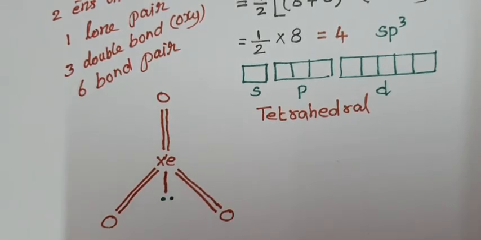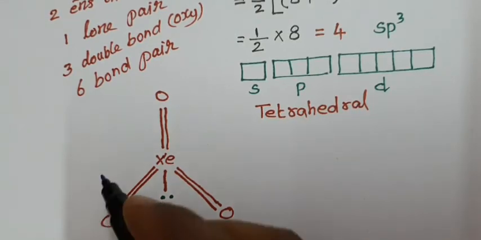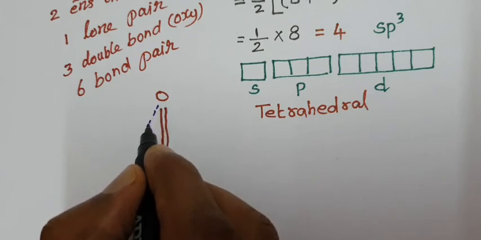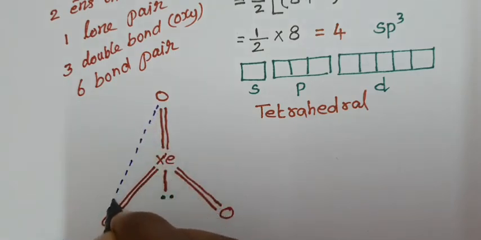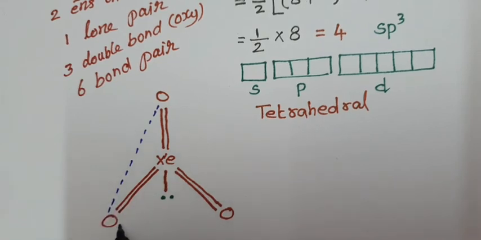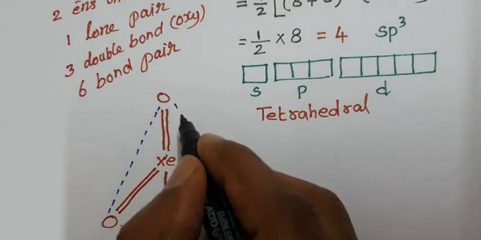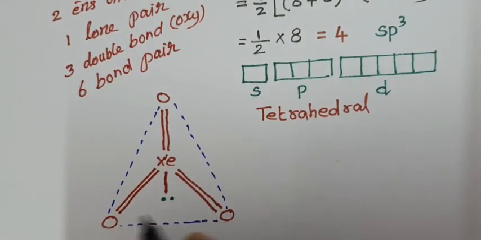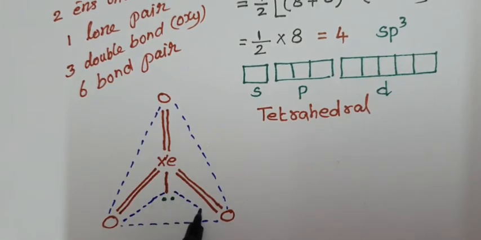When you join all the corners, you will get the tetrahedral structure. Join all the corners. This is your tetrahedral. With the lone pair, it is tetrahedral.